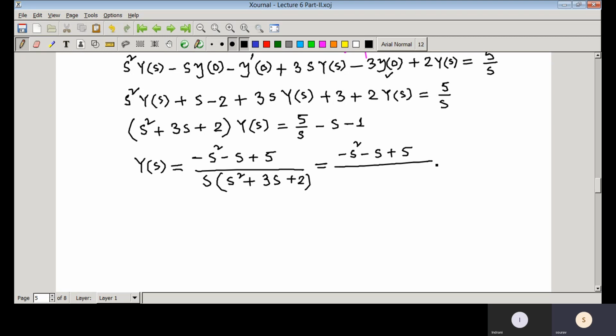If we can find the factors of the denominator, it is easy for us to represent this expression in partial fraction form.